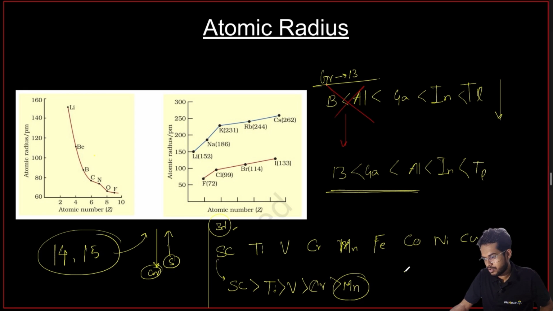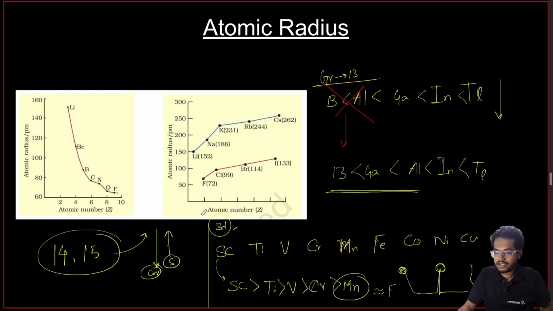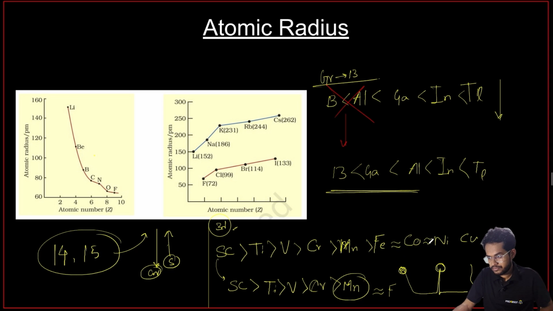If I show you the plot, it will be like this. Here is your Mn and here is your Sc. You can find it in the NCERT also. Let me write here, it will be better for you. Sc, Ti, V, Cr, Mn, iron, cobalt and nickel are pretty much the same. And again, there is Cu and Zn, because after this the plot kind of goes upwards.